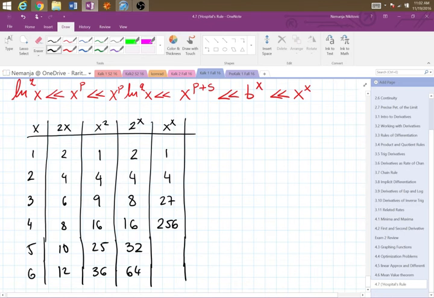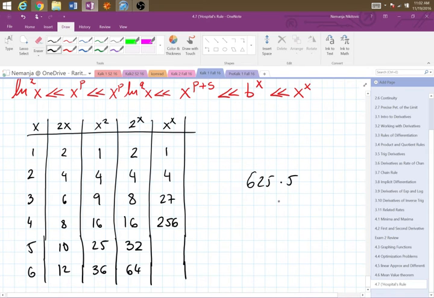And then 5 to the 5. So you have, that's 25 squared is 625 times 5. So 3125, if I did this right. Is it? 3125? Yes. And what's 6 to the 6?